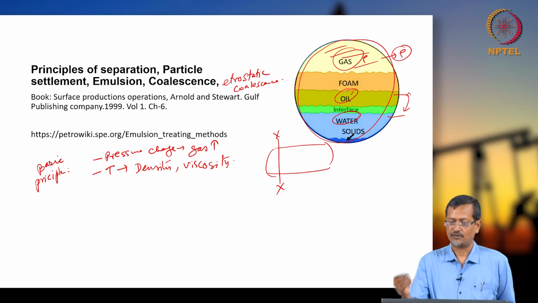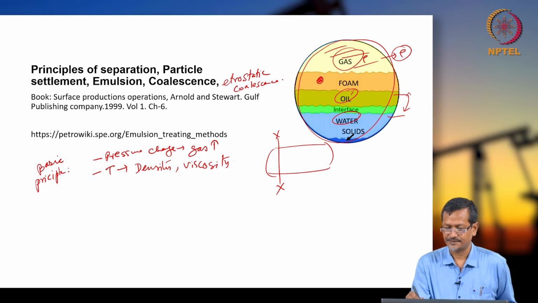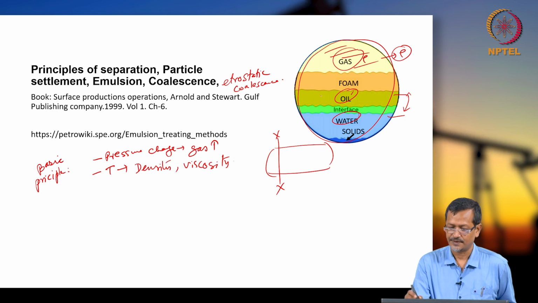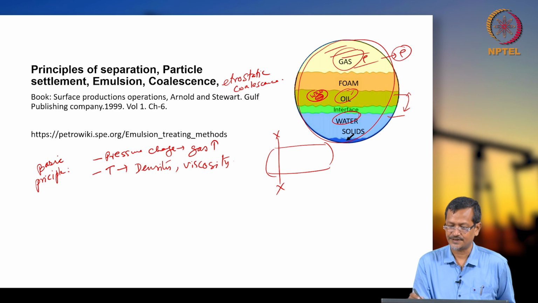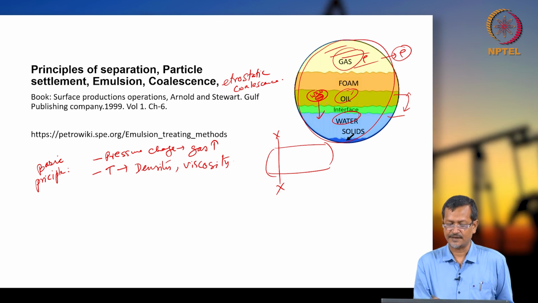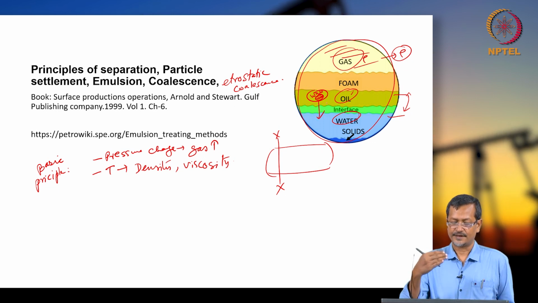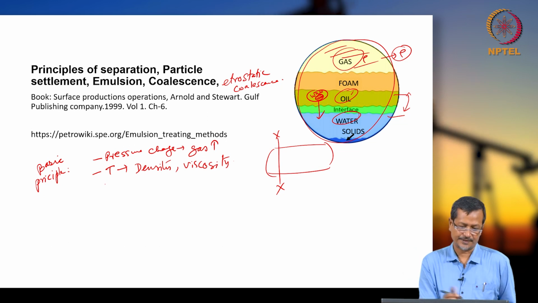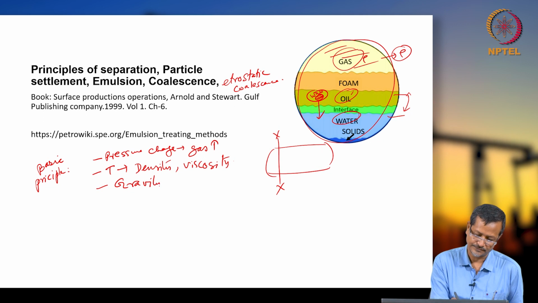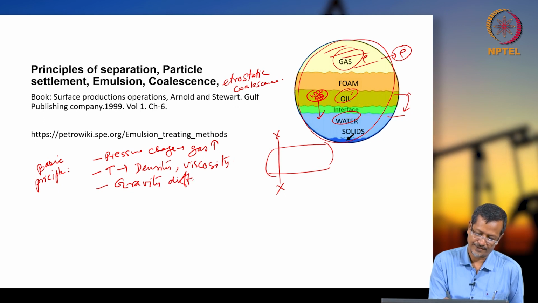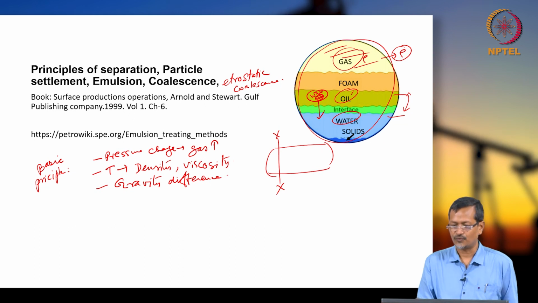Let's say one oil particle is here, and a water particle is here. How quickly the water particle settles will be based on the density difference or gravity difference between the two fluids, oil and water.